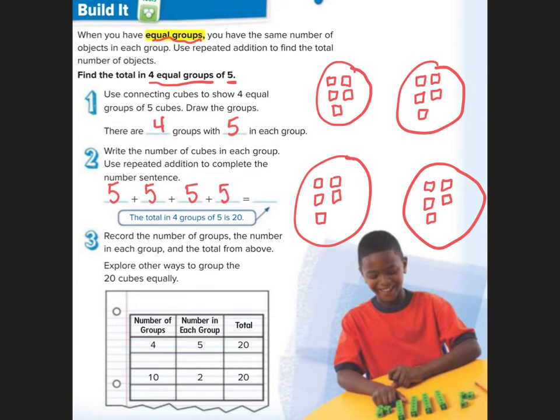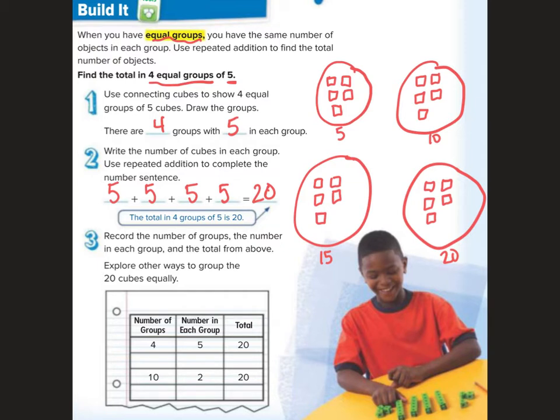The great thing about 5s is we just need to count by 5s, right? So here I've got 5, 10, 15, 20. There are 20 total cubes. We wouldn't have to count each one individually. Then we can record the number of groups, the number in each group, and the total from above.